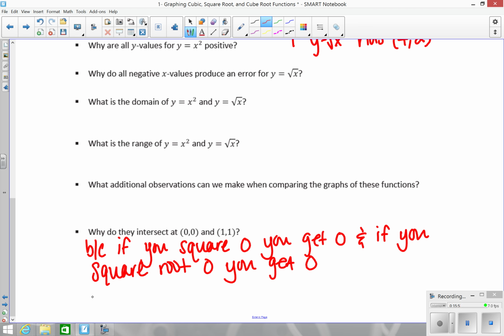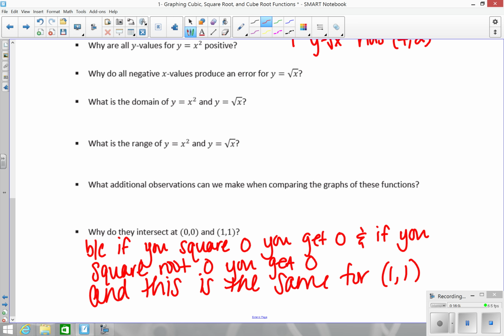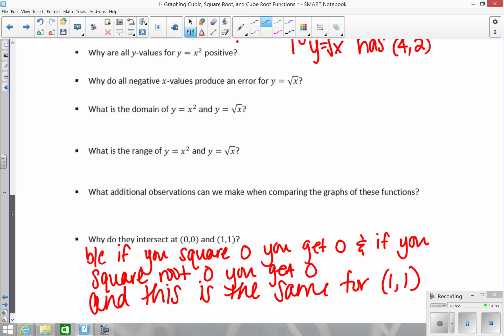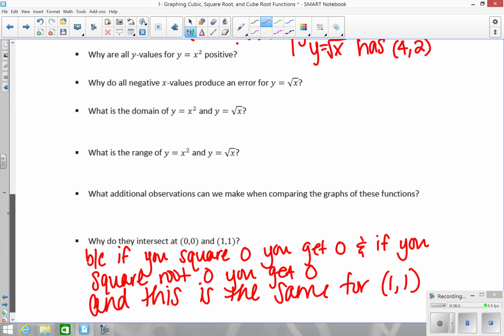And this is the same for (1, 1). So really, it's because there are solutions to both equations. This is the writing out of why there are solutions to both equations. So then let's go and look at these other questions here.